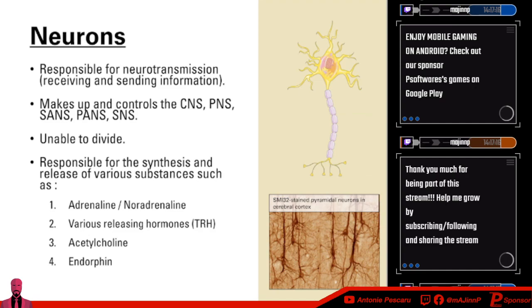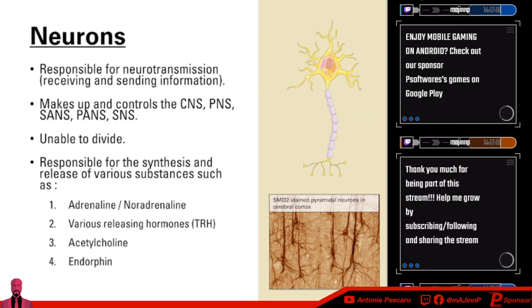So releasing hormones are one of the main jobs of the neurons. Then they can also release acetylcholine and others such as endorphins, but these are basically the main ones that I thought of. There are many neurotransmitters that they release, but like I said, these are practically the main ones.